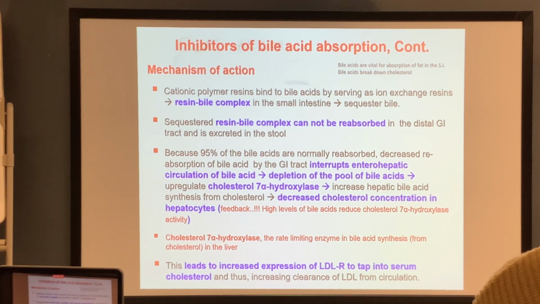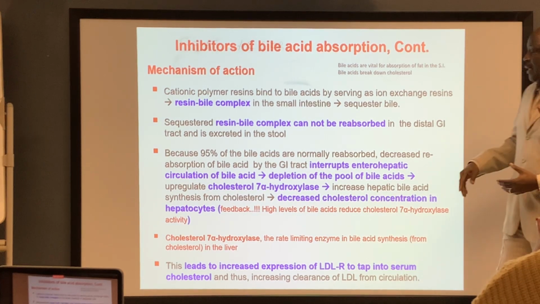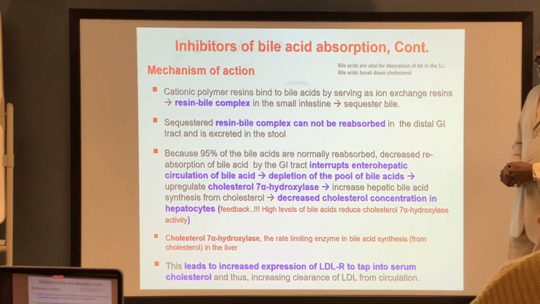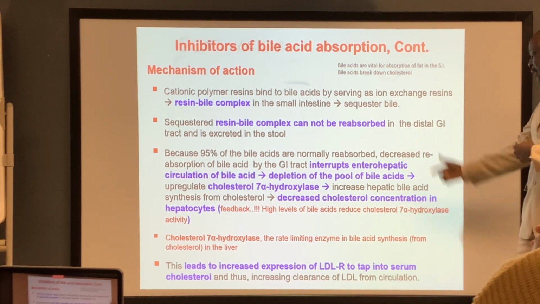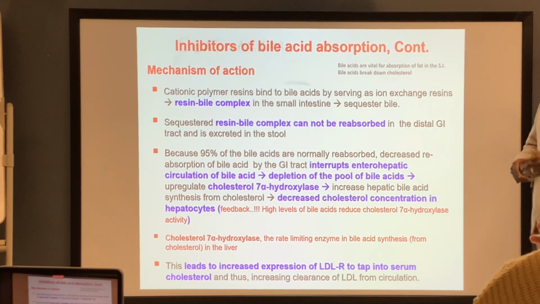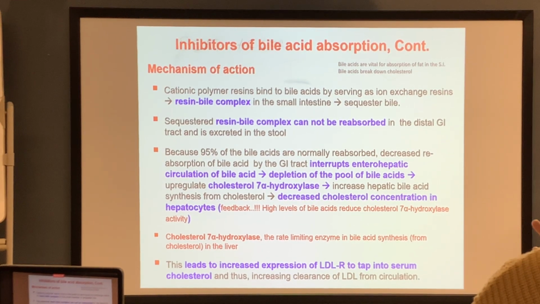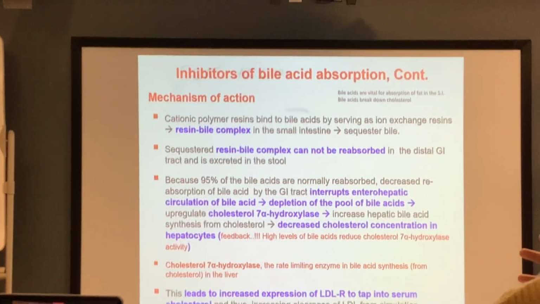And because there's now a depletion in the pool of bile acids, that sets up a feedback mechanism that increases the expression of this enzyme, cholesterol 7-hydroxylase, which then increases hepatic bile acid synthesis from cholesterol. And that's what causes the reduction in cholesterol concentration in the hepatocytes.